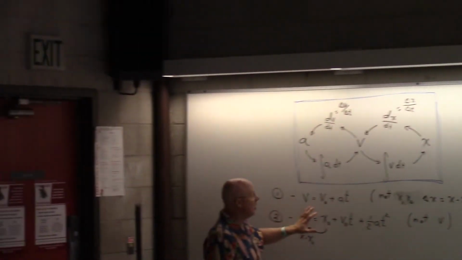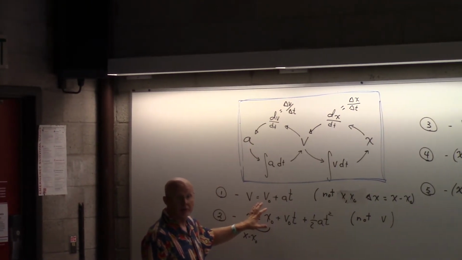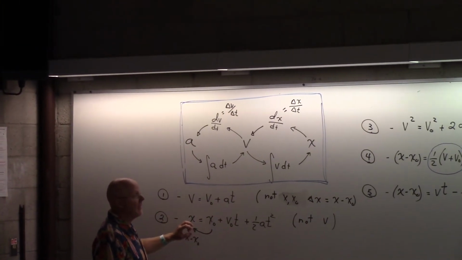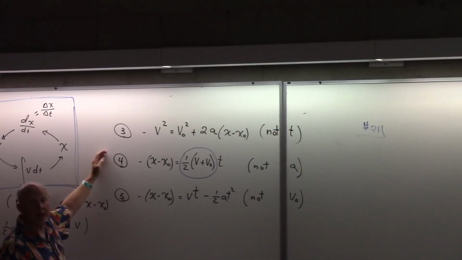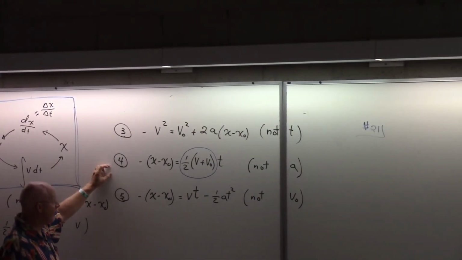Although I would suggest that if you have constant acceleration, since we already did the antiderivative, you at least memorize these two. And if you want to go a step further, maybe it's worth memorizing step 3, maybe even 4 and 5.